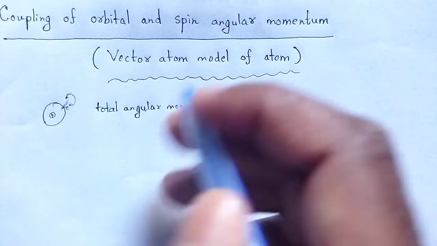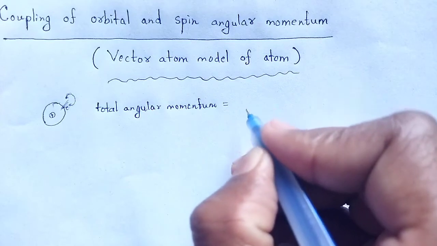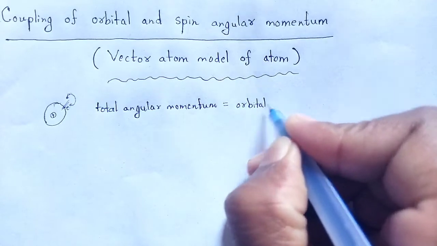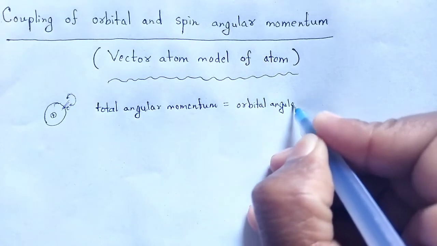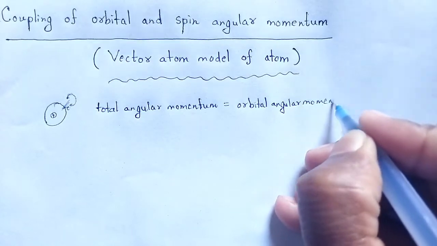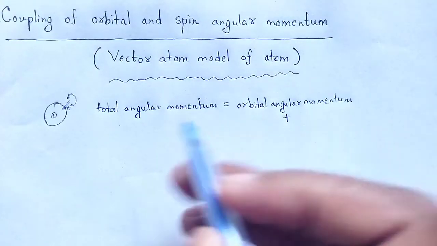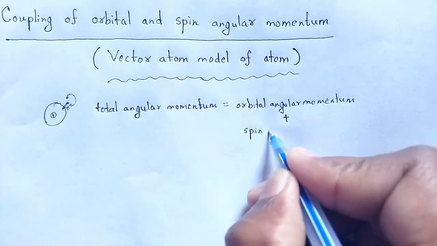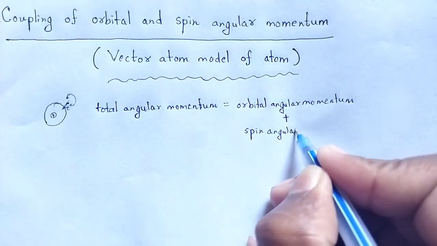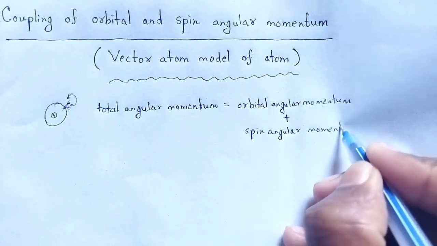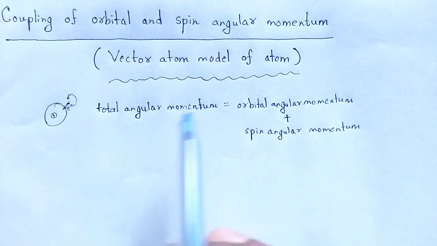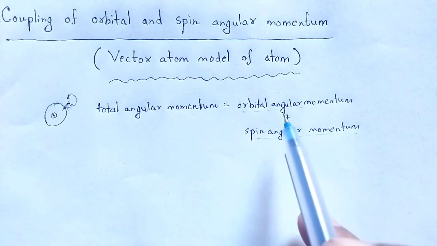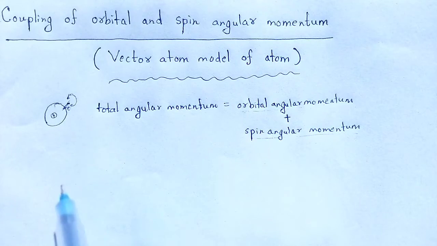One is the combination of orbital angular momentum plus the spin angular momentum. Total angular momentum is the sum of orbital angular momentum and spin angular momentum of the electron.